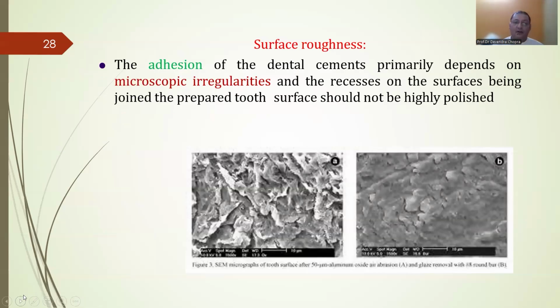Surface roughness, no doubt. You can see the schematics on the slide. One is a coarser surface and another one is a little bit denser surface. According to the recent consensus and scientific literature, there are recommendations that before fixing your crown or bridge on the natural abutment or tooth, you should sandblast the area properly.